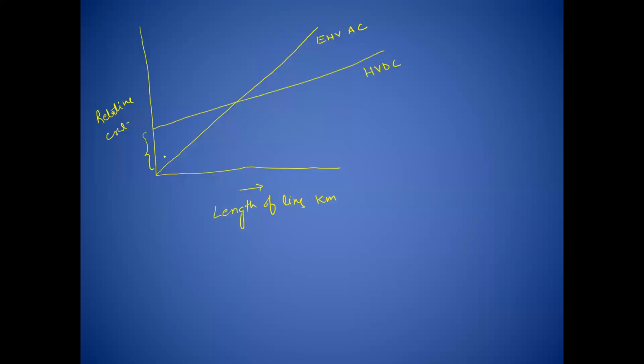So the installation cost for the HVDC transmission line is very high. But this is the break-even point, and it is nearly 800 kilometers. So if the length of the transmission line is more than 800 kilometers, definitely HVDC is preferred as compared to the EHV system, isn't it?